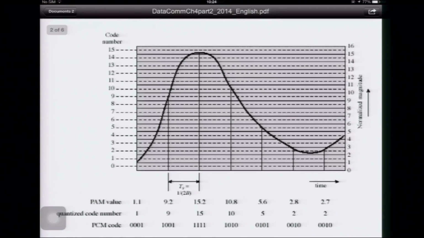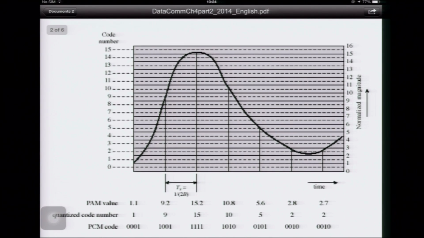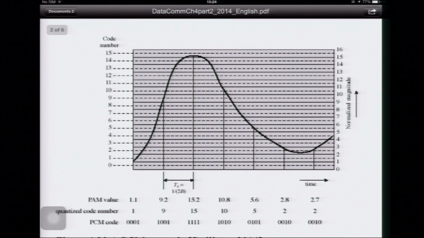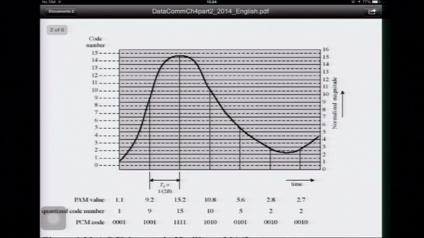When you fit them, you can do something like this. This is a detailed example. The left-hand side of the y-axis is code number 0 to 15. In this case, we use 4 bits per symbol, so you have 16 levels. The right-hand side is the normalized magnitude from 0 to 16.